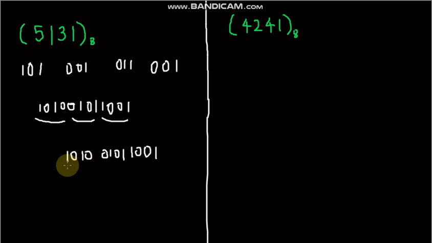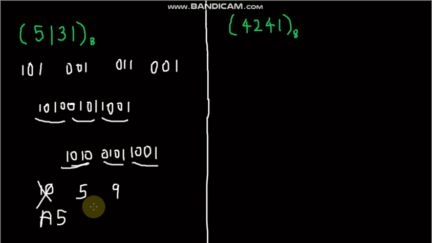So the decimal equivalent of 1010 is 10, then 0101 is 5, and that of 1001 is 9. We cannot write the number as 10, hence we have to cut it and instead write down the letter A, because it is represented as the number 10 in hexadecimal.